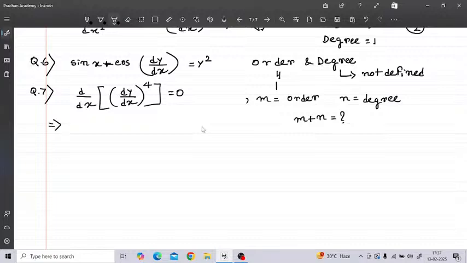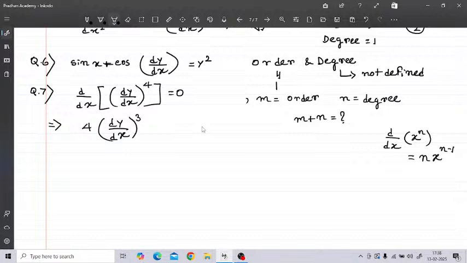If we differentiate it, first let's consider this kind of differentiation: x to the power n gives us n x to the power n minus 1. So we will get 4 (dy/dx)^3. Then we have to differentiate dy/dx as it is a function of the dependent variable, so we will get d2y/dx2 equals 0.